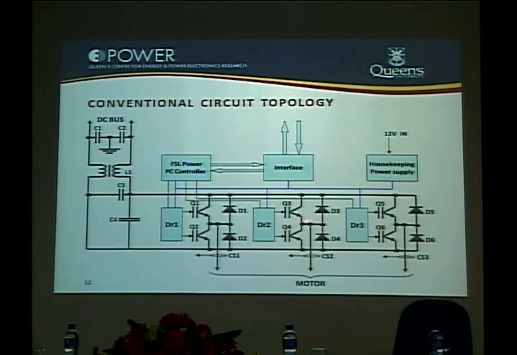But if you want to switch at a much higher frequency, in the 50 to 100 kilohertz range, to reduce the size of this capacitor, then there are a lot of heat losses during the switching. So the biggest challenge here in this DC to AC inverter is to reduce the size of this filter capacitor while maintaining high efficiency at high frequency.